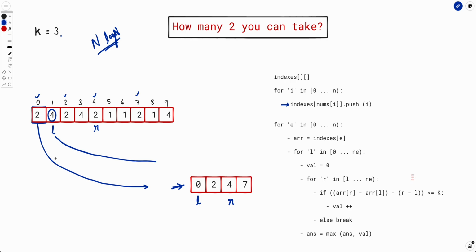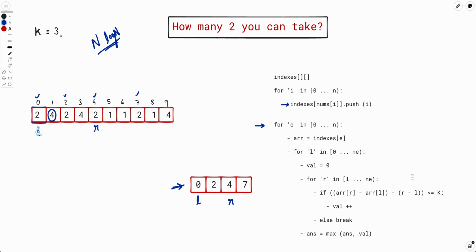So instead of doing this, you can say, okay, I will try out every possible L for 2 at once. So that's just a way to optimize the implementation. So basically we will start with L, and whatever the element is, we will take all the L's for that element at once.